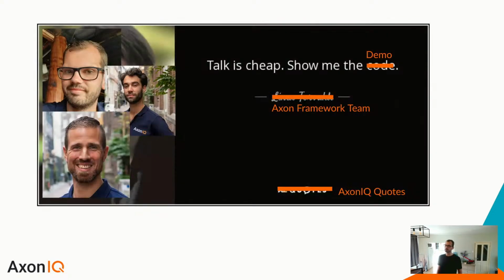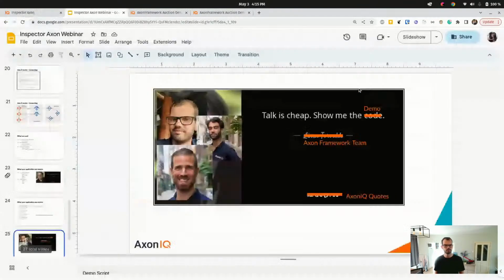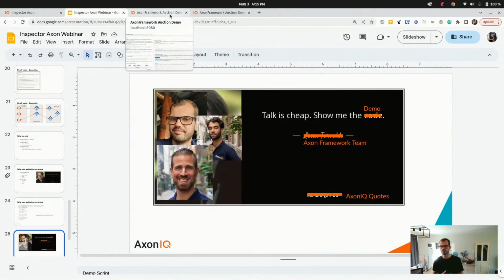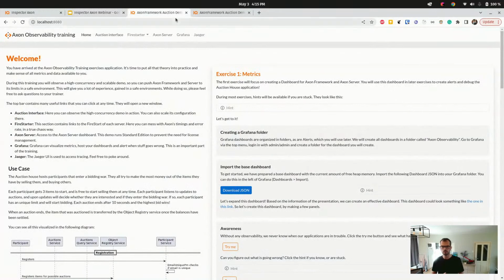So again, talk is cheap, but showing the demo is better. So I've actually prepared a little something for you, and I will show you Inspector Axon, how it works, and then also if your application is going down, how it would look and how it will be affected. I have a little demo application prepared. It's not really little.